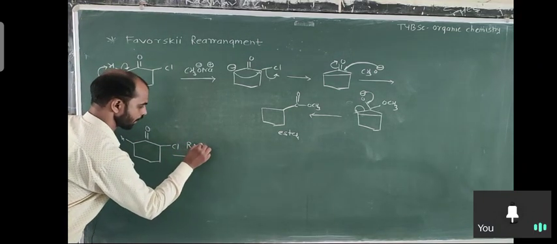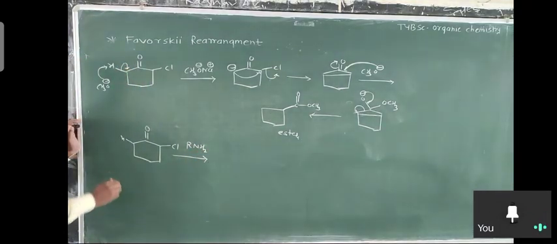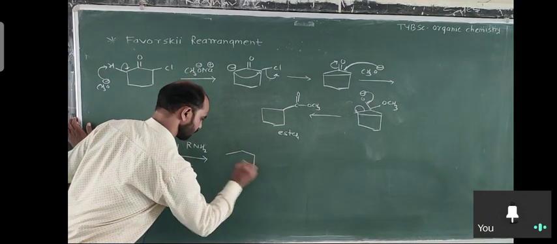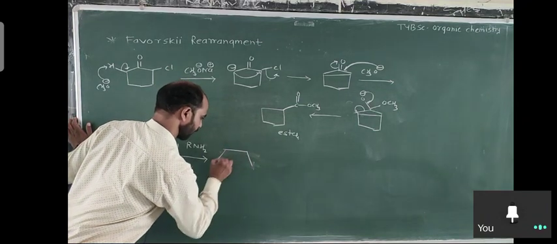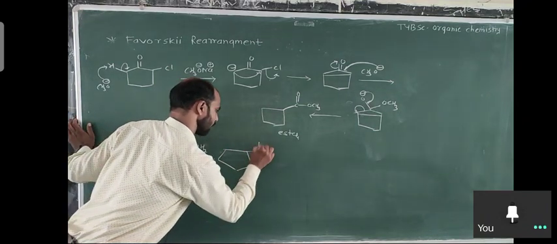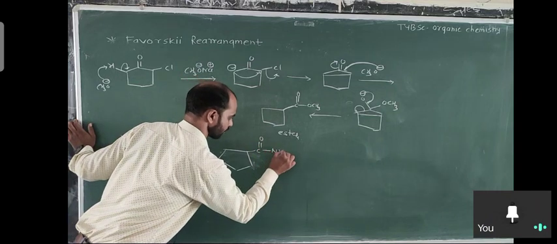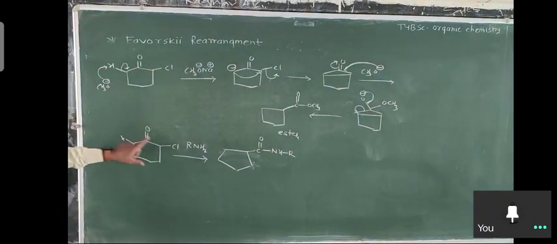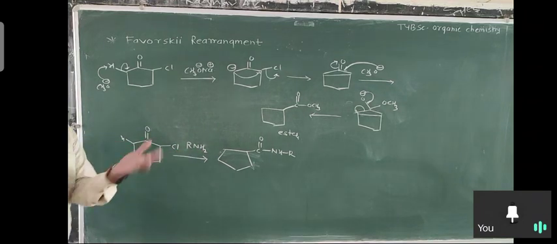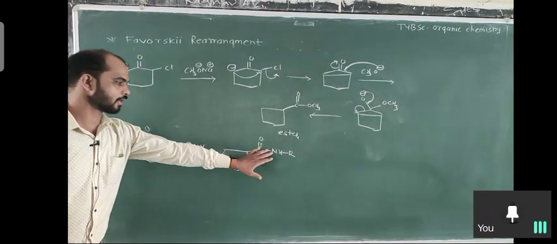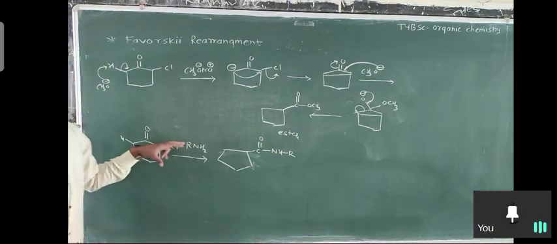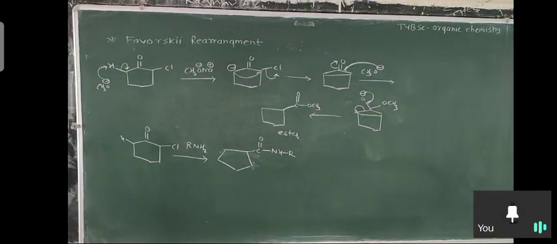If we use RNH2 amine, the same thing happens, the mechanism is the same. So the product is amide. The product is NHR, if RNH2 is used. If NH3 is used, you get directly C double bond O NH2. It depends on which type of amine is used. So this is the mechanism of Favorskii rearrangement.